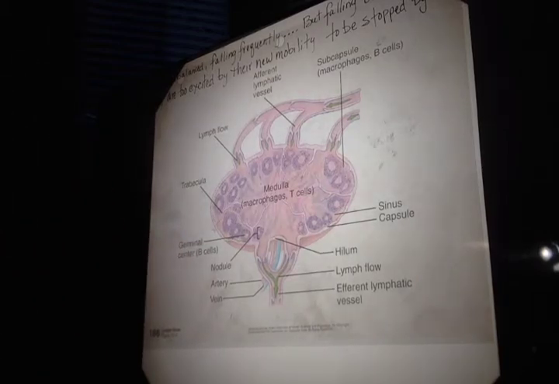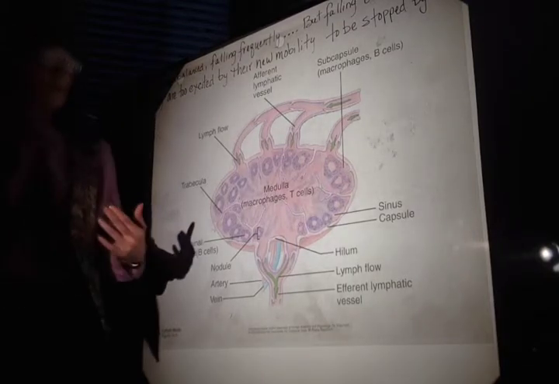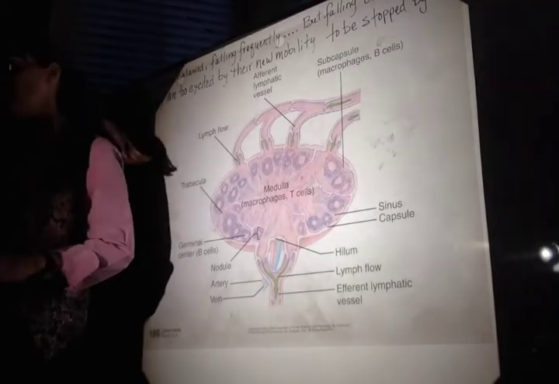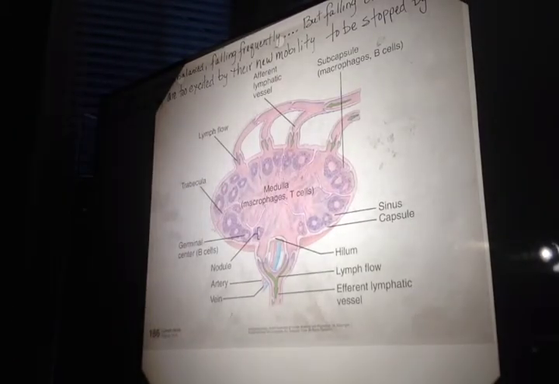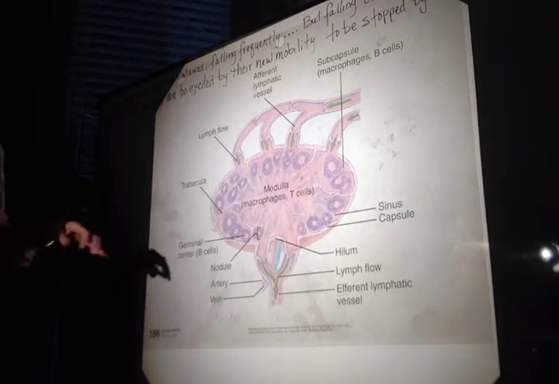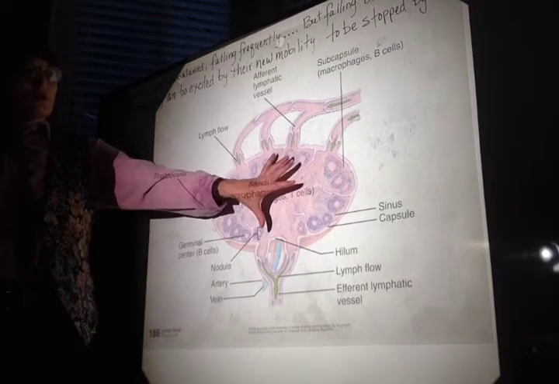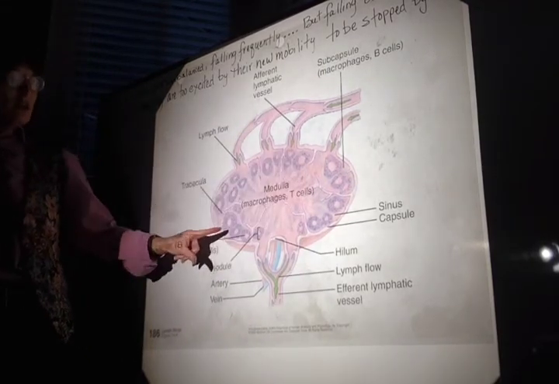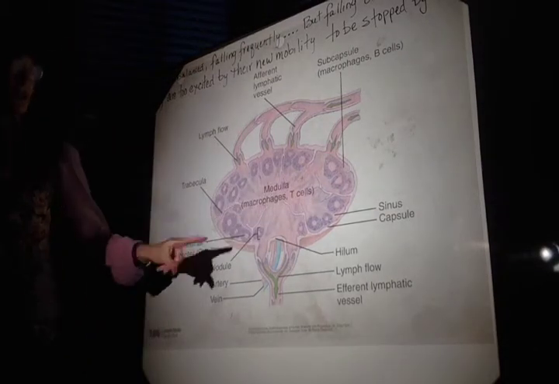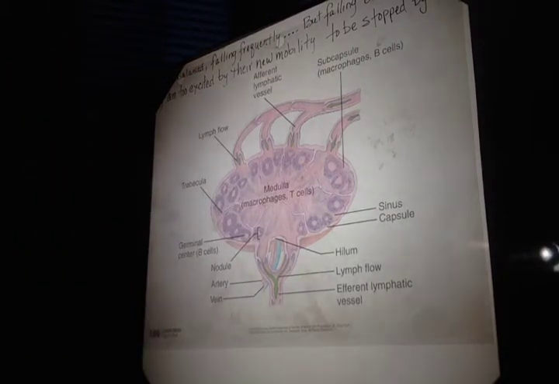We're going to go into a whole lot more detail about what T cells and B cells do in the next chapter. Macrophages, you already know macrophages are like garbage trucks. They eat everything. So you've got all this lymphatic flow coming in, you've only got one going out, so the flow has to slow down.